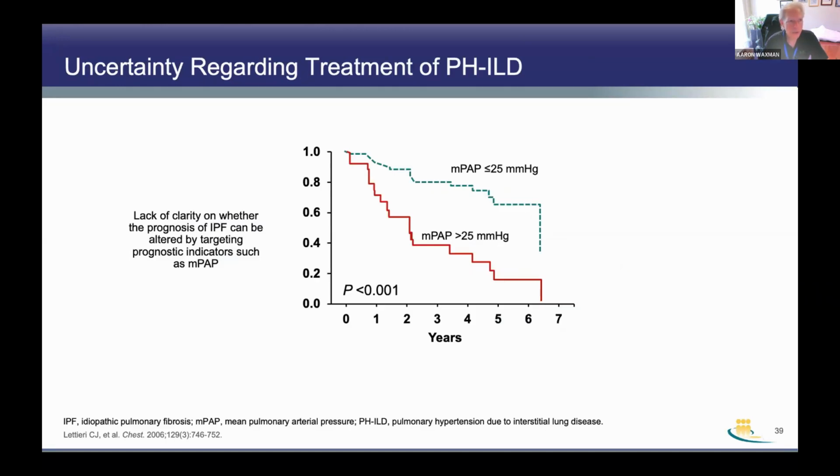So now we can think about the role of treatment in these patients. Here you can see survival curves in those patients who have borderline or normal pulmonary hemodynamics versus those who have clear pulmonary hypertension. This is back in 2006 when the cutoff was 25 millimeters of mercury.